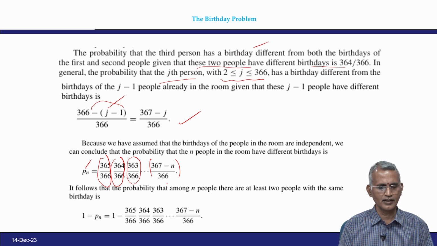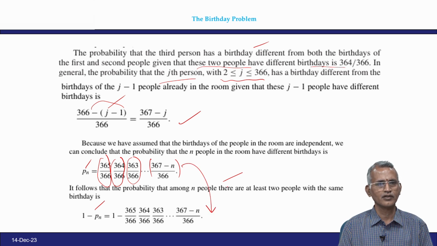So, it follows that the probability that among n people there are at least 2 people with the same birthday is 1 minus Pn, which is 1 minus of 365 by 366 times 364 by 366 times 363 by 366 and so on, up to (367 minus n) by 366.